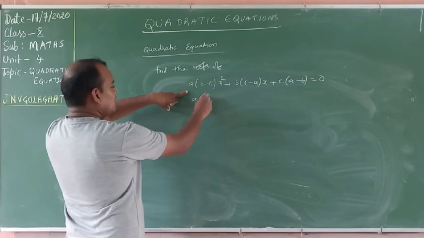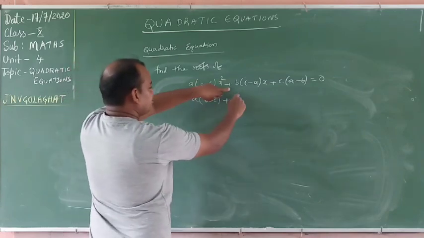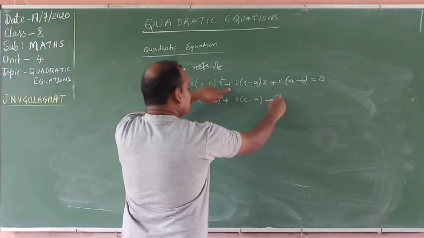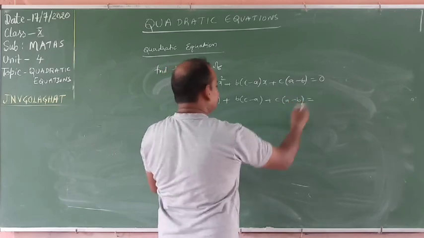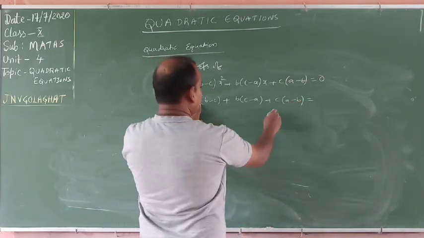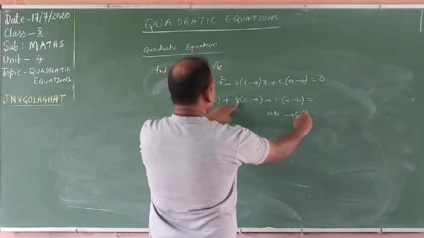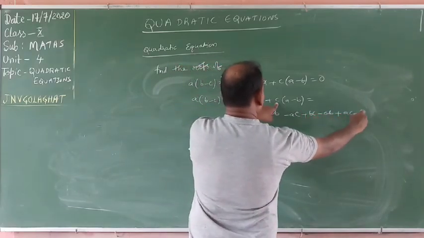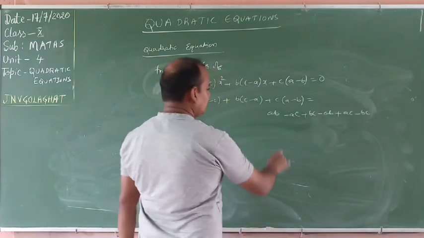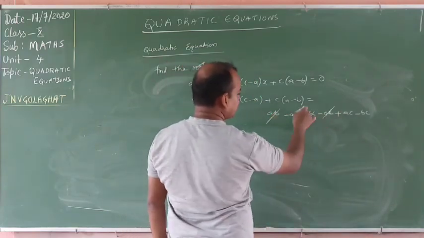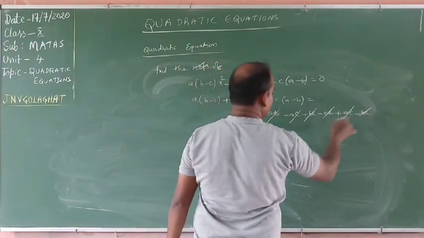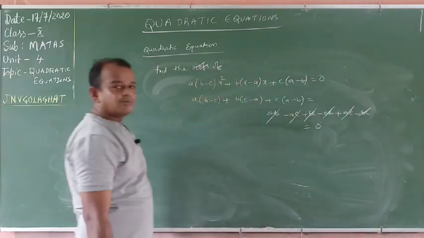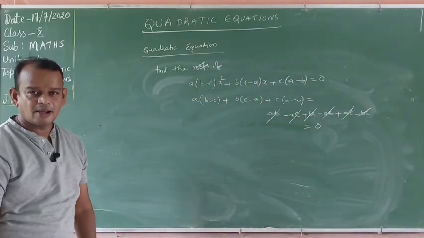First coefficient is a into (b minus c) plus b into (c minus a) plus c into (a minus b). What happened? Multiply: ab minus ac, bc minus ab, plus ac minus bc. So ab minus ab, minus ac plus ac, plus bc minus bc cancel. The sum of the coefficients is equal to 0.